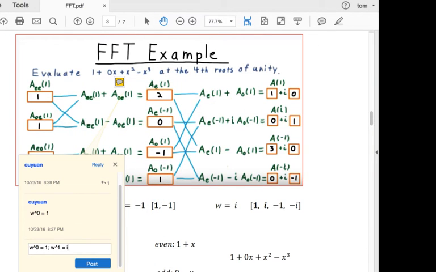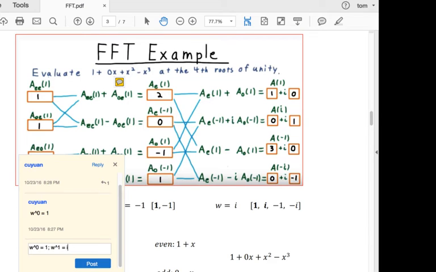So for this one and this one, we use omega to the power of 0. That is 1. So 2 plus minus 1. 2 minus negative 1 is 3.